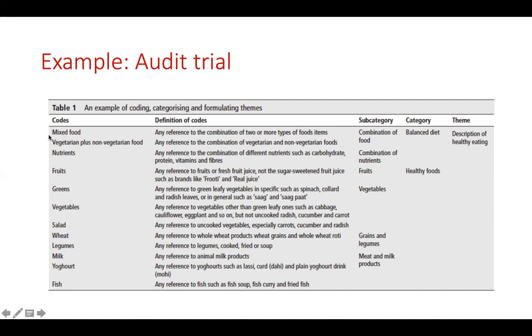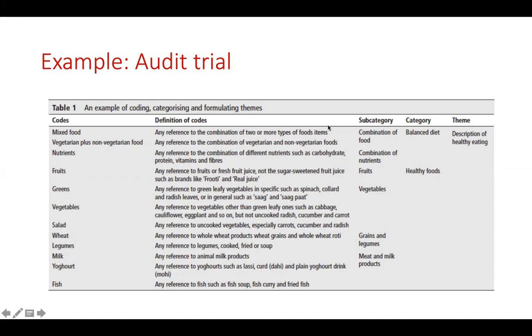We developed the codes such as mixed food, vegetarian plus non-vegetarian food, nutrients, fruits, greens, vegetables, salad, wheat, legumes, milk, yogurt, and fish. And all of these codes had a specific definition, and the document that contains these codes and the definitions is also called a code book. So initially we would want to define a very clear code book.